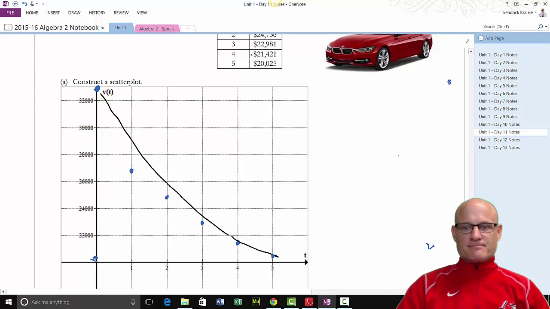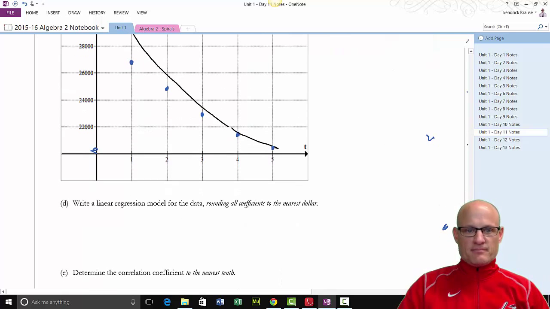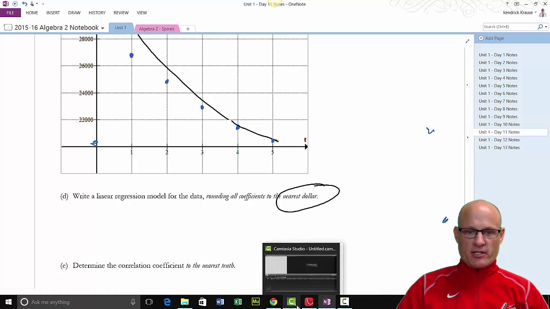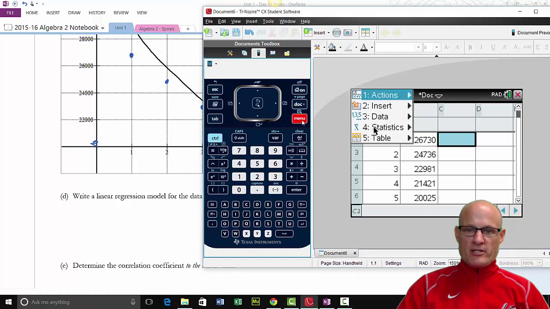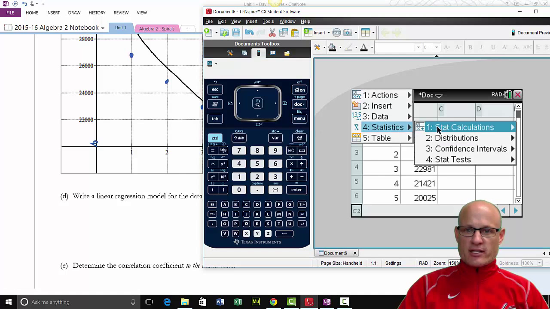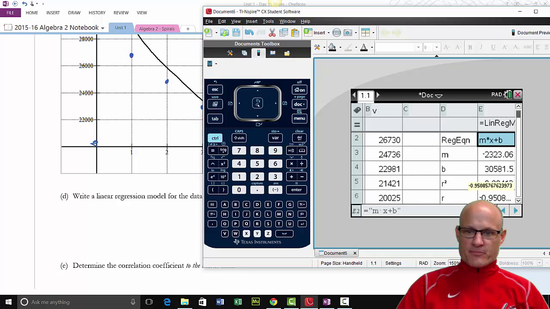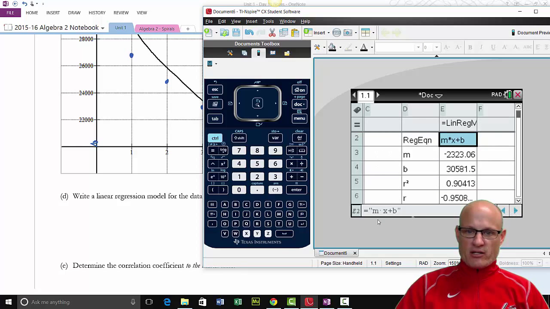But let's see what we got here. We're going to do a linear regression, rounding to the nearest dollar amount. So we'll get in our calculator, and we will go Menu, Statistics, Stat Calculations, Linear Regression. We're going to use Time and Value, and click OK.